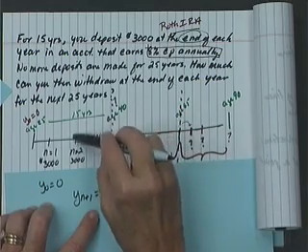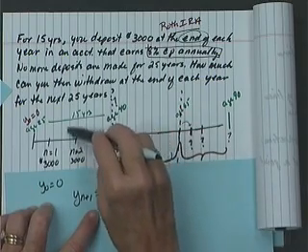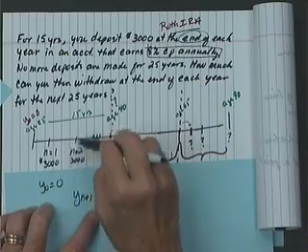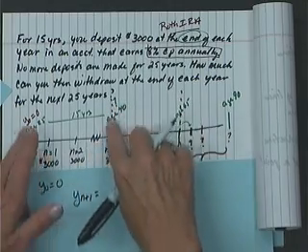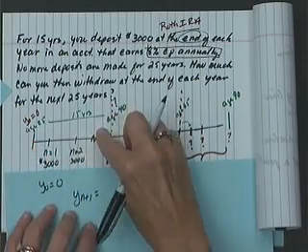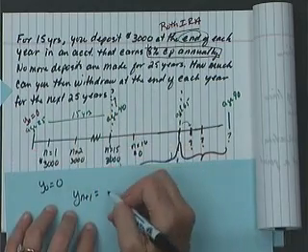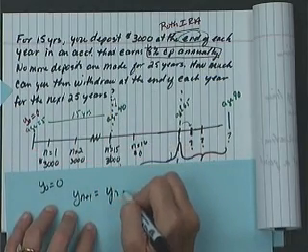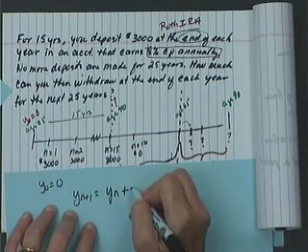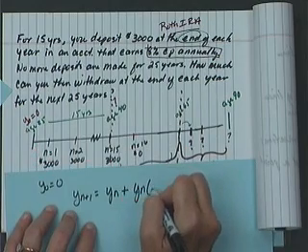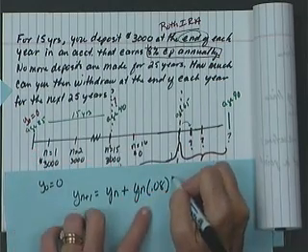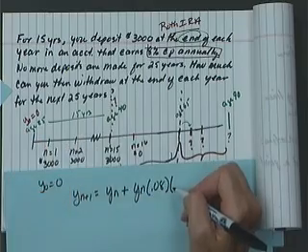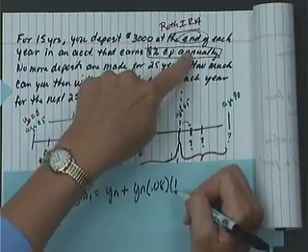Okay, this should go pretty fast because we've been doing problems like this. We're writing a general formula for what's happening from one period to the next during this first 15. So y sub n plus 1 will be what? y sub n plus the interest on y sub n. y sub n times 0.08. And what's the time for that? 1, because it's annually.